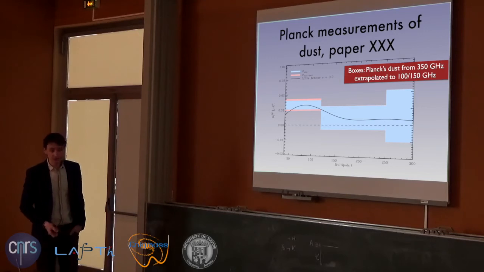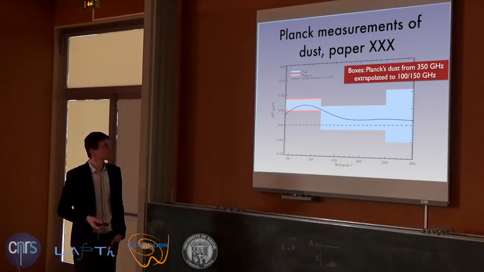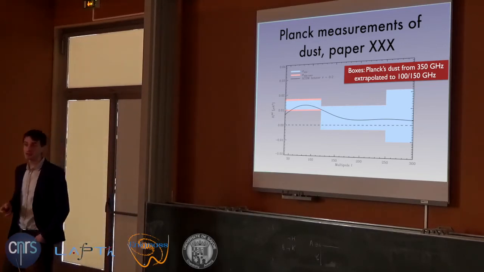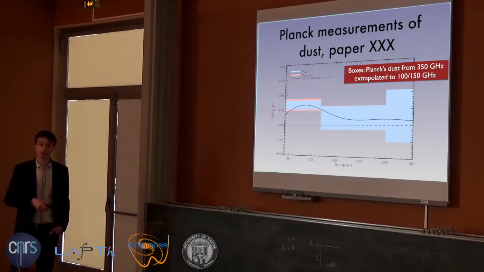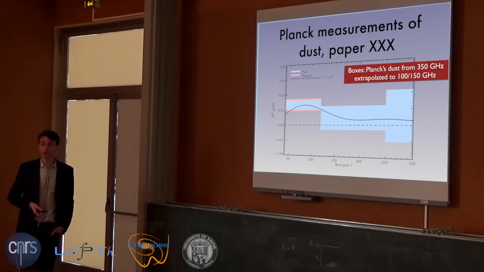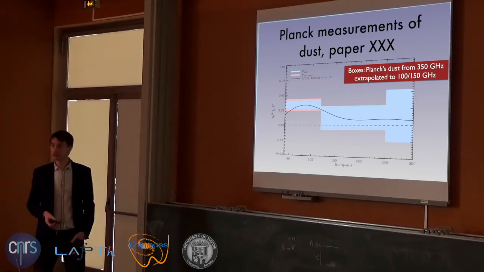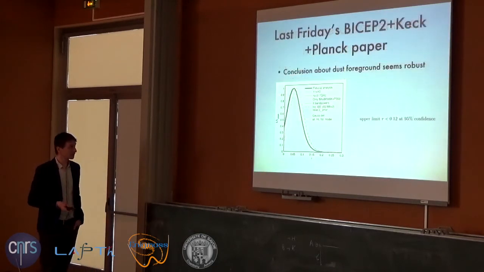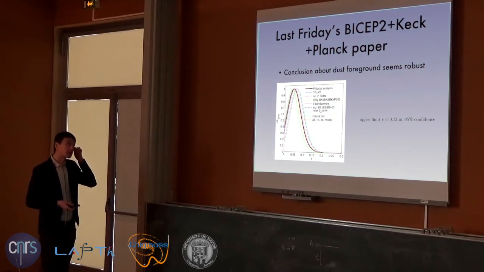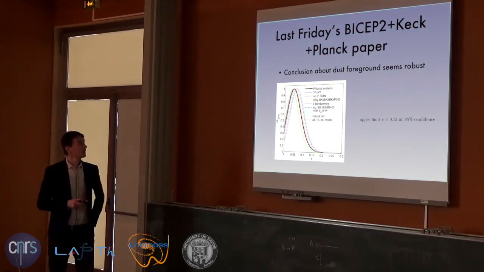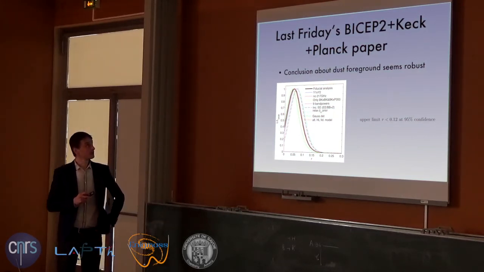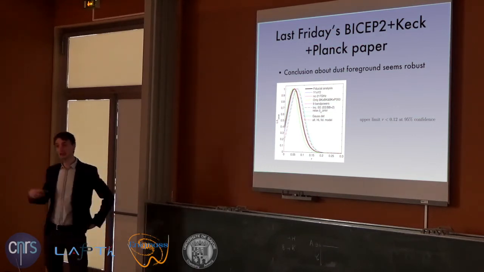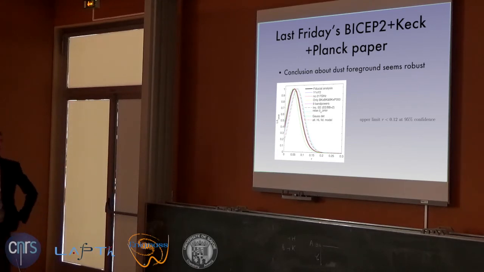So then, of course, the next question is, can you observe the patch of the BICEP sky at the different frequencies with the accuracy that BICEP has in B-mode polarization, and can you really disentangle the B modes coming from spinning dust and the B modes coming from inflation? So the first step in between is what came out last Friday, and that's a combined analysis of the data of the BICEP telescope and the data from the Keck array, which is a telescope that stands next to the BICEP telescope at the South Pole.